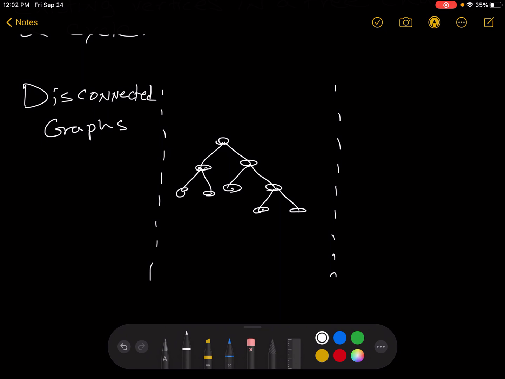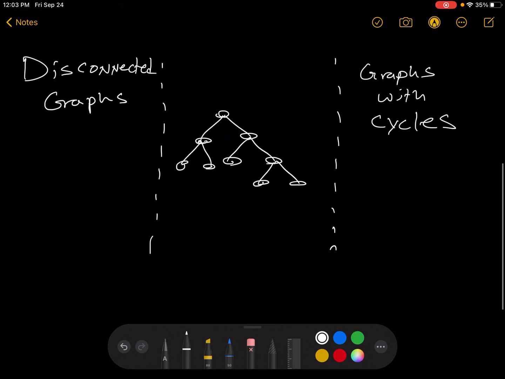And over here we have graphs with cycles. The point is that we can characterize trees in this way.